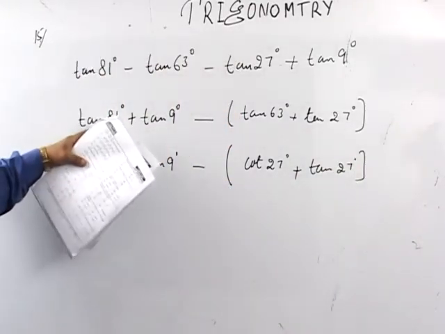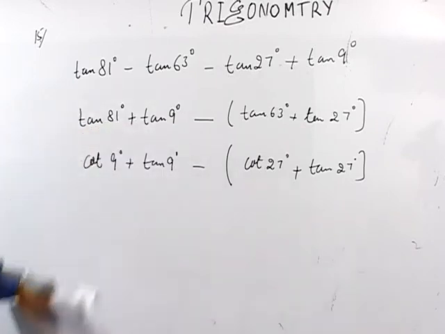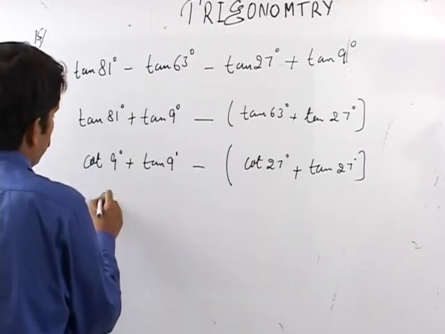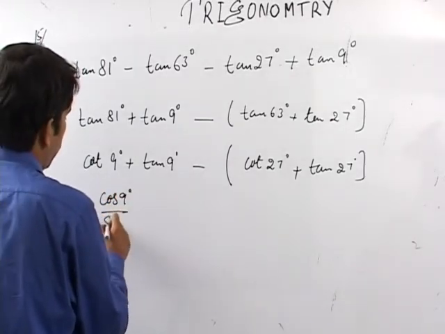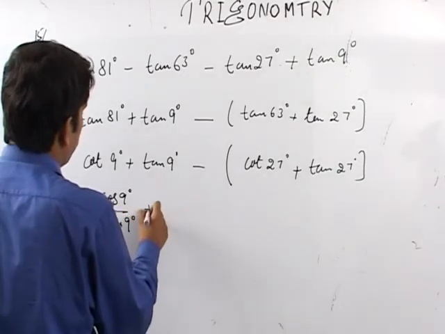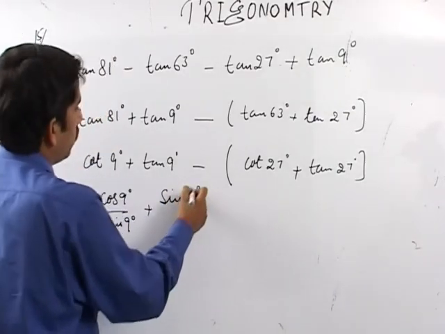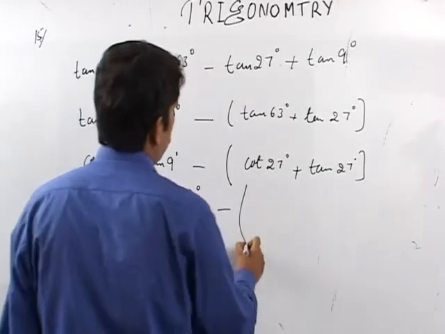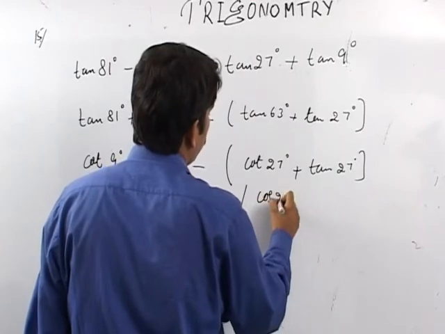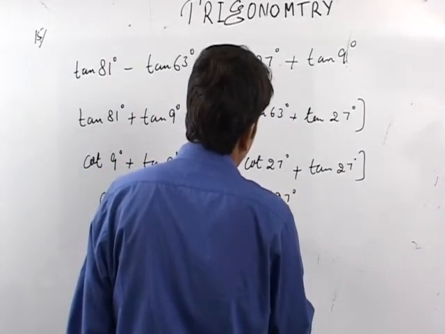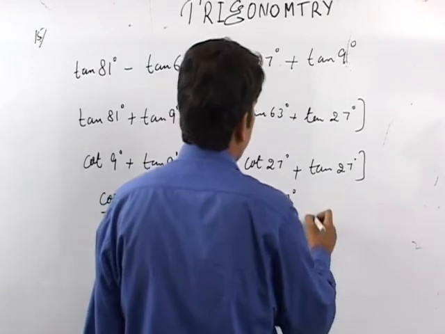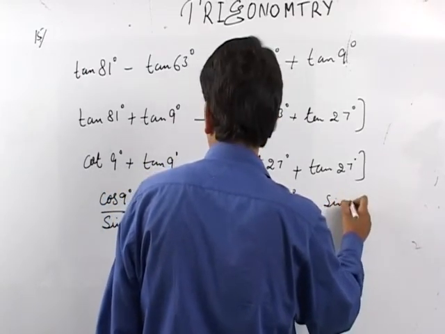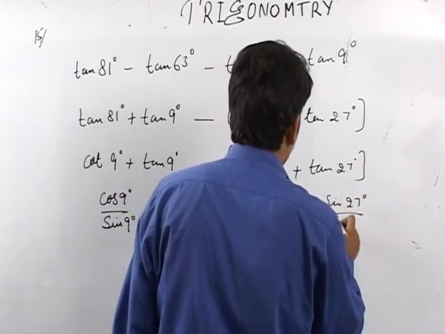because we know that tan of 90 minus 9 is tan 81 and tan of 90 minus theta is cot theta. Now when you open this, you will get cos 9 degree over sin 9 degree plus sin 9 degree over cos 9 degree minus the bracket you will get cos 27 degree over sin of 27 degree plus sin of 27 degree over cos of 27 degree.